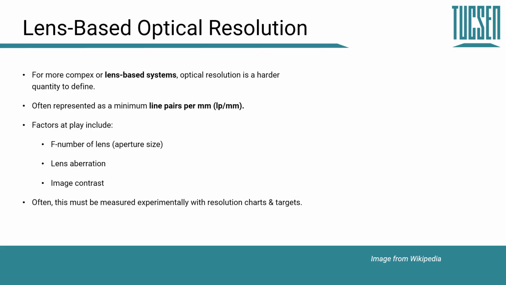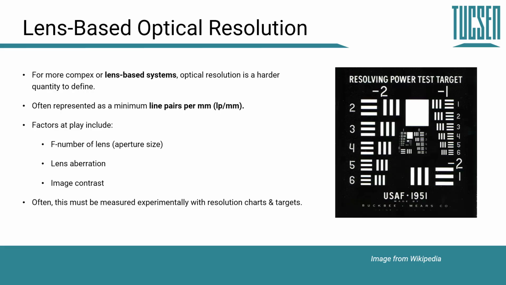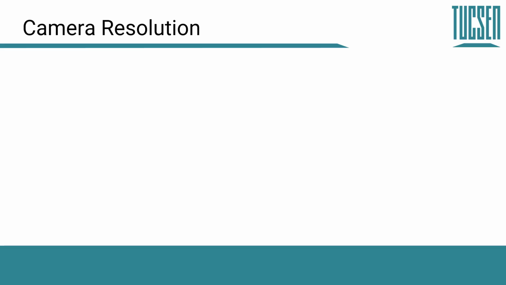With lens-based systems and more complicated systems, it's often not so simple as just to say, here's an equation to tell you what you can resolve. We often have to measure this experimentally with charts and targets, such as this one here. So that's the optics side of things.